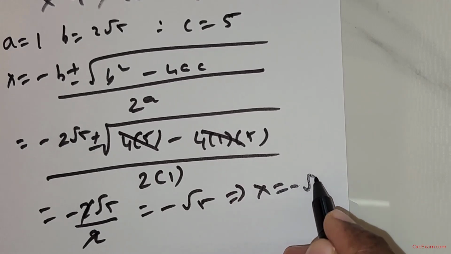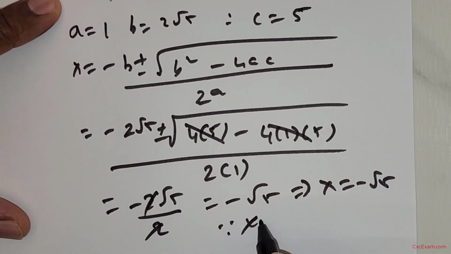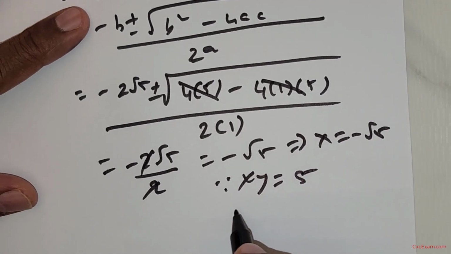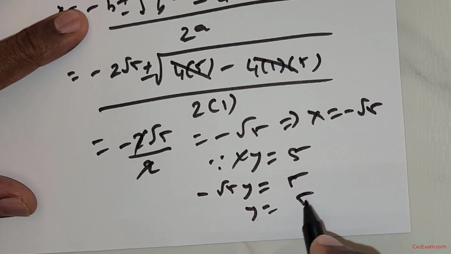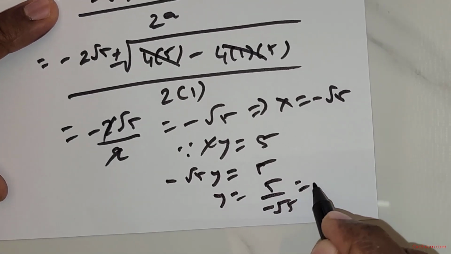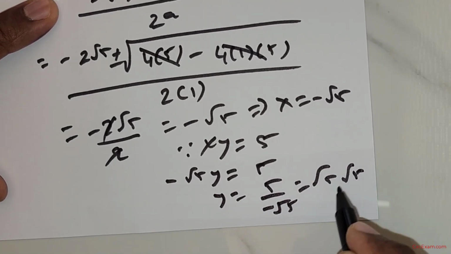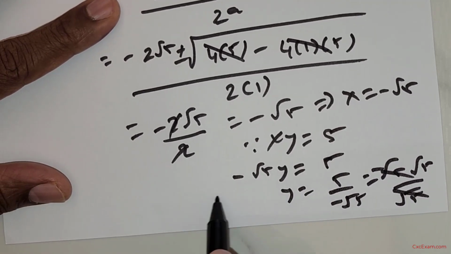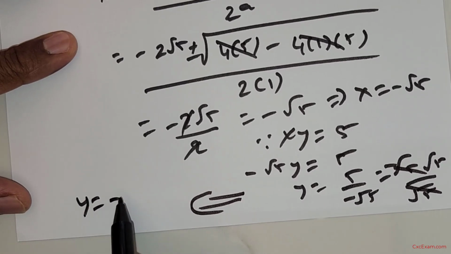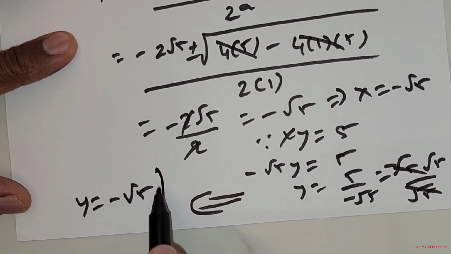So this means x is equal to negative root 5. Since xy is equal to 5, you substitute negative root 5 times y is equal to 5. So y is equal to 5 over negative root 5, which is root 5 multiplied by root 5 divided by root 5, and they get cancelled. So this means y is equal to negative root 5.